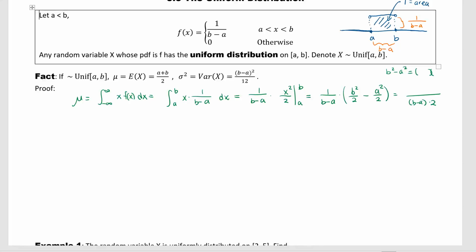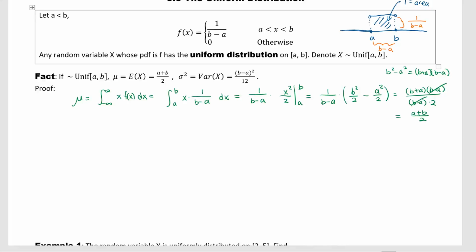If you can remember, that is b plus a times b minus a. Wow, they cancel, so we get a plus b over 2. So that is exactly what we want to show. All right, so that is the mean.